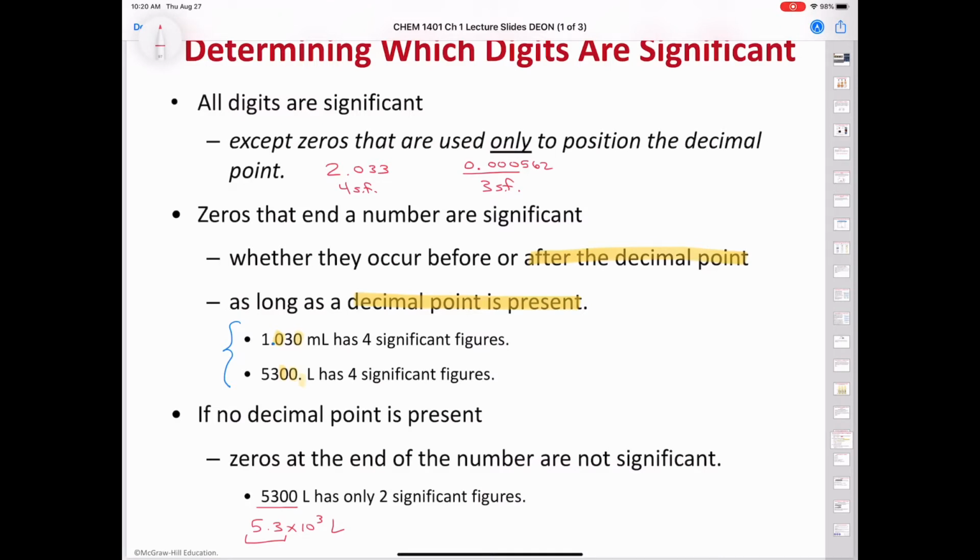If you express this number as 5.30 times 10 to the 3 liters, then we would have a total of 3 significant figures. Now, to express it with 4 significant figures, we could either put a decimal point at the end of it, just like shown right here, or we could write it in scientific notation as 5.300 times 10 to the 3 liters, like that.